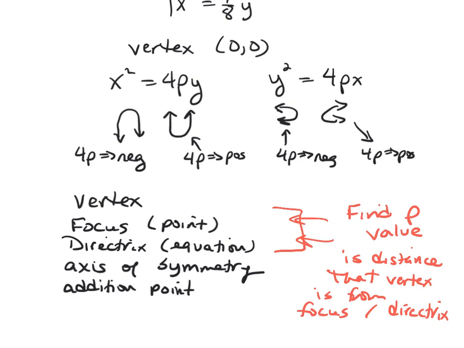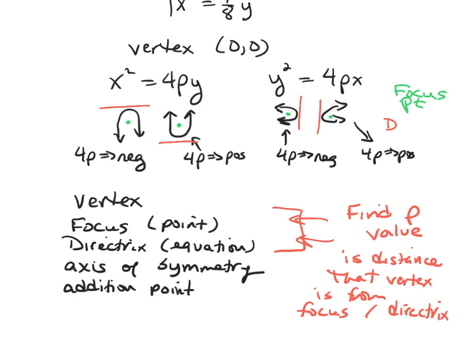So the p-value tells you how far away is your focus point from the vertex and how far away is the directrix. Remember, your focus point is always inside the parabola. So the green is the focus point. And then the directrix was always on the back side.